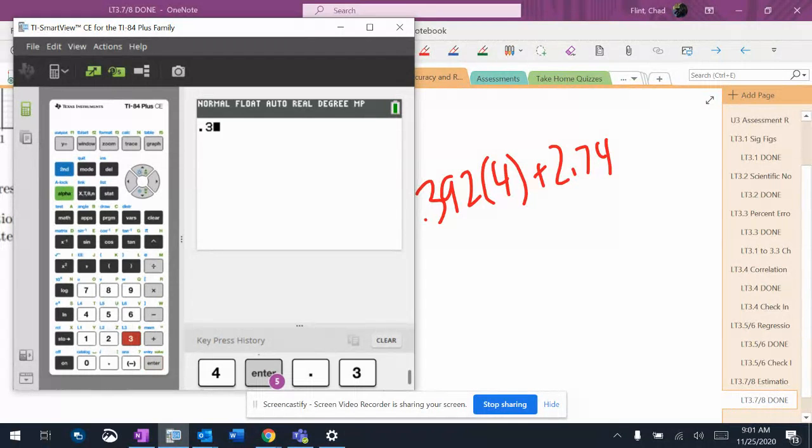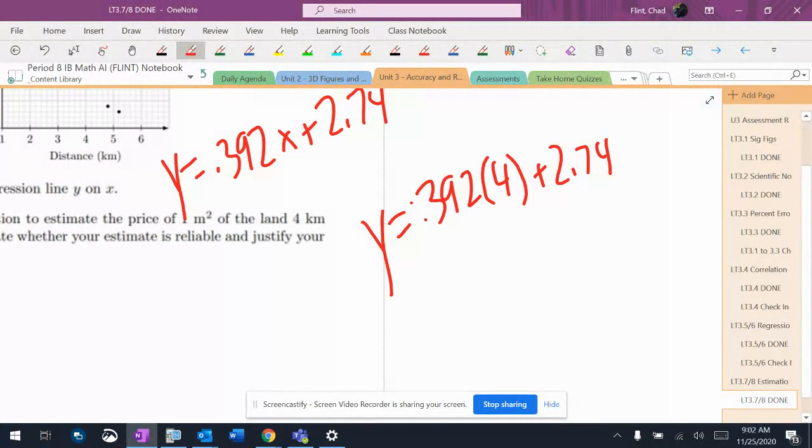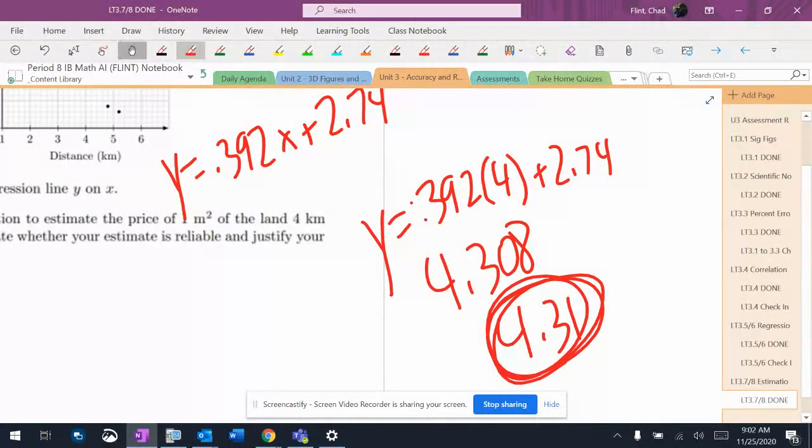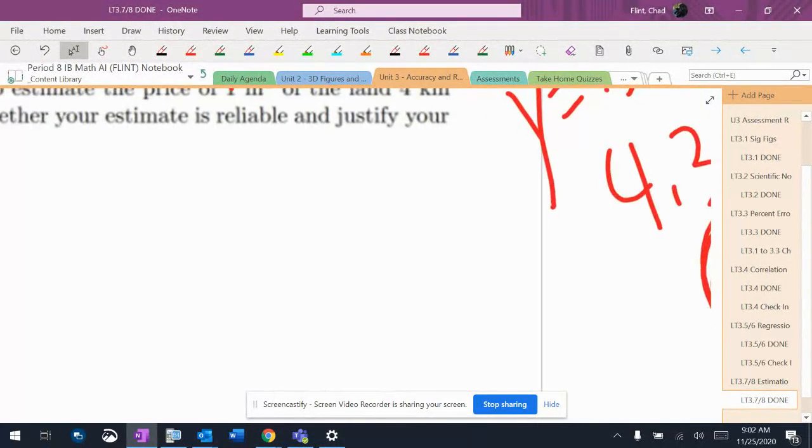So 0.392 times 4 plus 2.74. 4.308. I gotta get that. All right, so 4.31 to 3 significant figures would be what I have there.